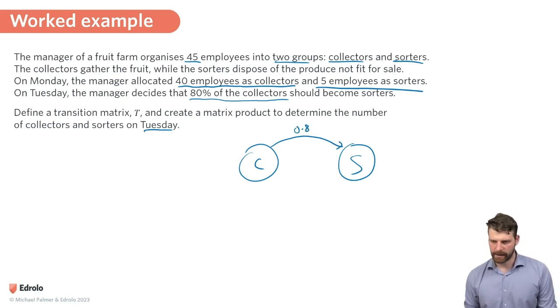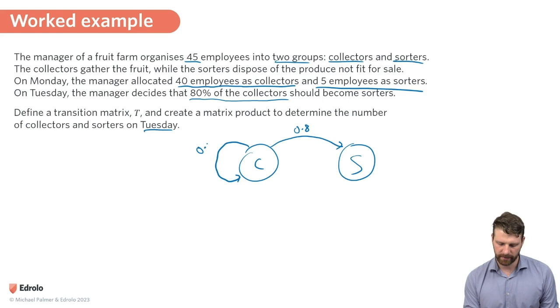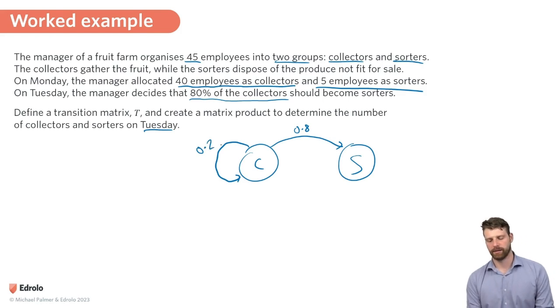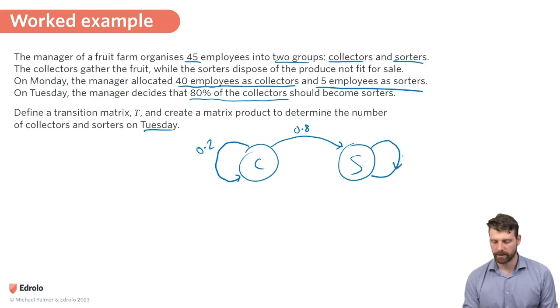And I think that means that 20% have to stay as collectors. So you can write 20% or 0.2, it doesn't really matter. Then it says that's the only thing that happens, so I have to assume that all the sorters remain sorters. So this is 1.0 or 100%, and that means that 0% move from sorters to collectors.